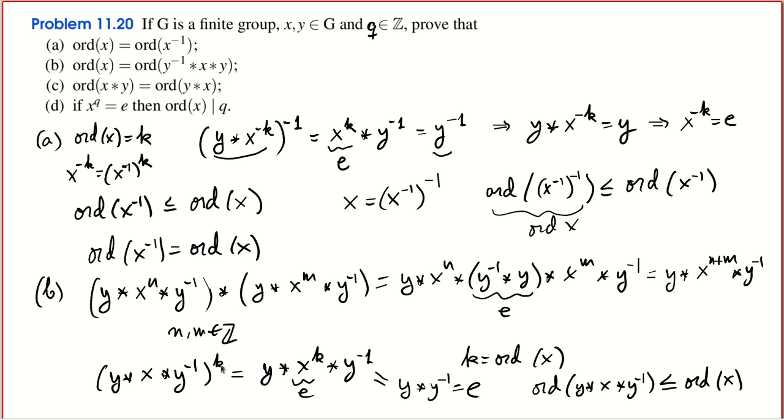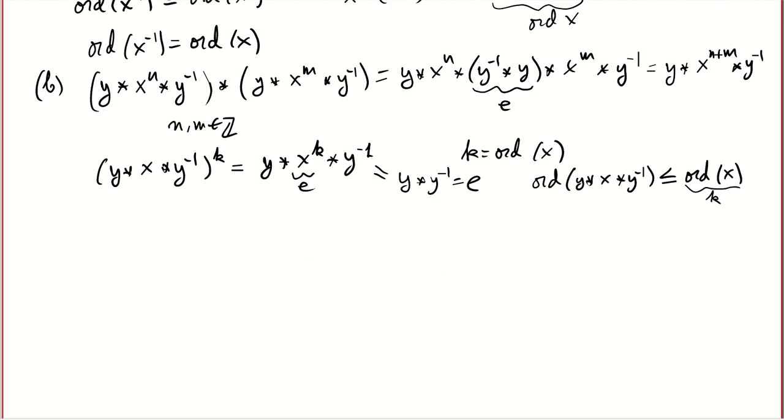We know that k is a power such that this element to this power gives you the identity, but we need to prove that this is the smallest power. So what we're sure about is that the power for which this happens has to be k or smaller. And this is what is written here. This is k, remember.